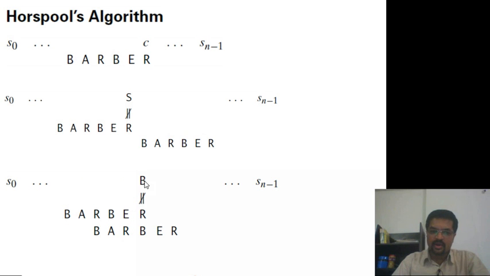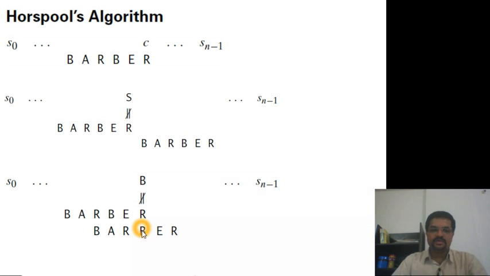So I want to shift until the first b appears below this b, which is just two characters away. I would shift by two characters, because shifting by one is going to be a failure for sure. We know that. So I shift by two characters, and that's why b is now below this b.